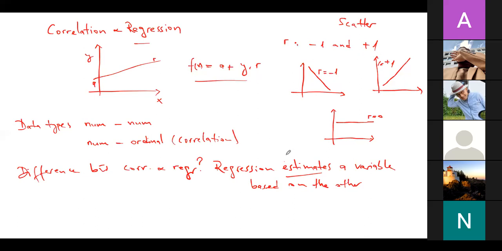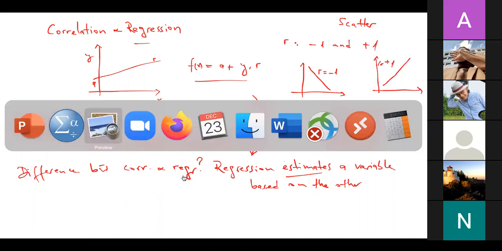So this formula applies only for regression, because in this formula, you are making an estimation. You are trying to estimate x based on y. This is the main difference between correlation and regression.